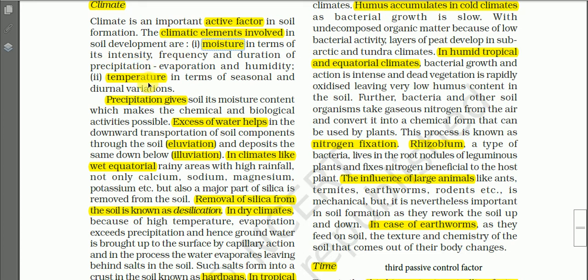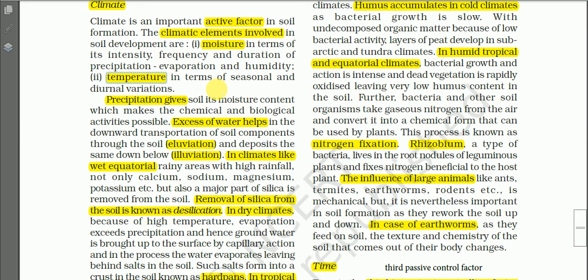Another climatic element is temperature, in terms of seasonal and diurnal variation. This seasonal and diurnal variation means the difference between the maximum and the minimum temperature, maybe within a day or between two seasons. So this is very important.